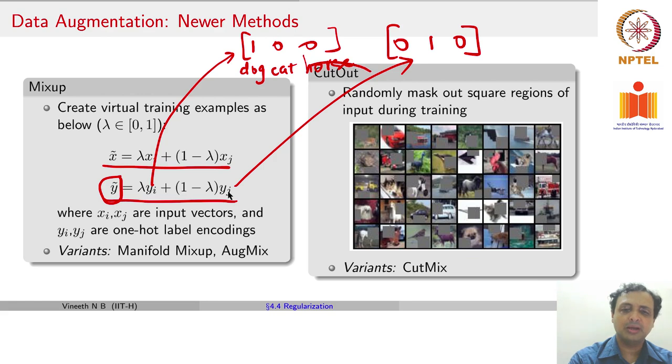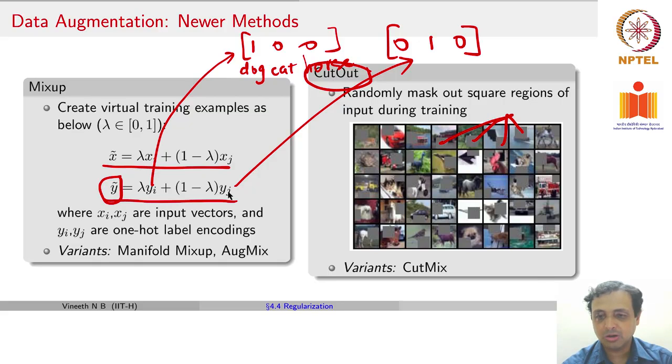Another popular method today is known as cutout, where you randomly mask out square regions of the input. You can see these gray boxes here. So these are all boxes of gray which have masked out certain regions during training. That's the reason it's called cutout.